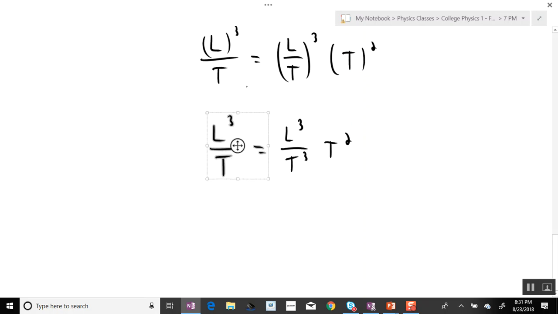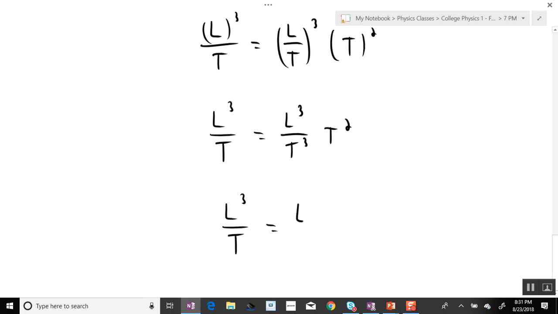On the left-hand side, you have L cubed over t, and what does the right-hand side simplify to? So you have t cubed in the bottom and t squared in the numerator. So what does that simplify to? Right. So they both have the same dimensions, therefore it's dimensionally consistent, right?